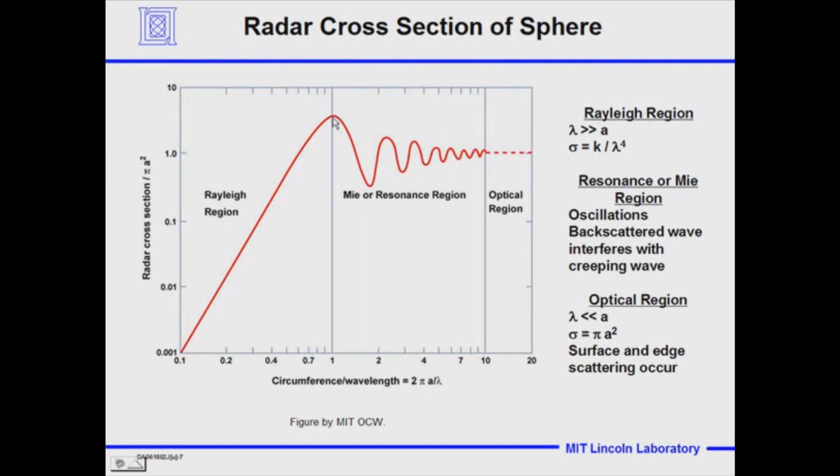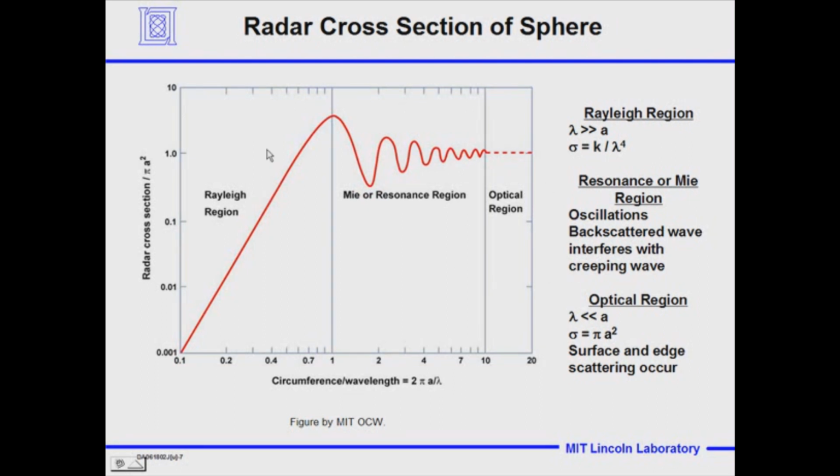You can see here it's adding constructively and then destructively, and then it damps out to just the optical number. And in the optical region, surface and edge scattering occur, and that's what we get.